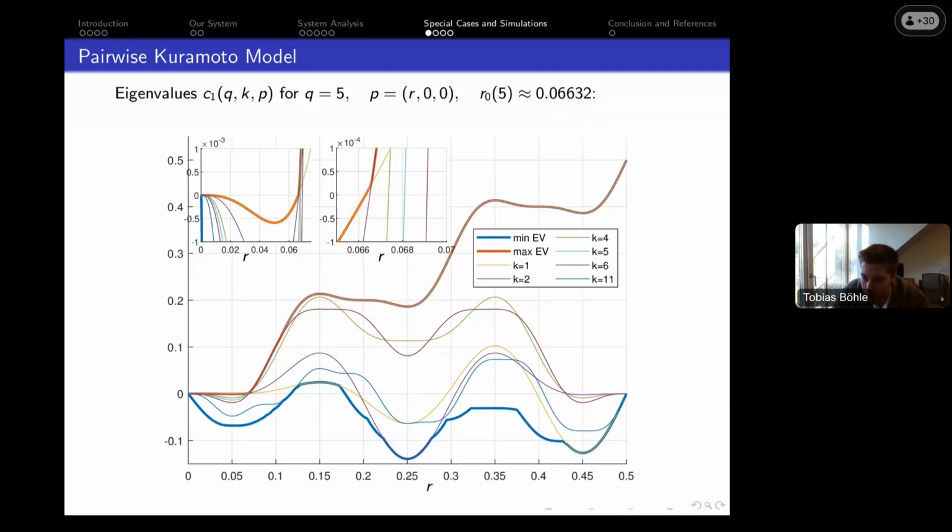If you look closely at this point, you can see that this maximum eigenvalue is attained by the yellow line, and the yellow line is the eigenvalue where k is equal to 1. So the first eigenvalue is the critical eigenvalue in this case. So L, in the notation of the theory, would be 1.